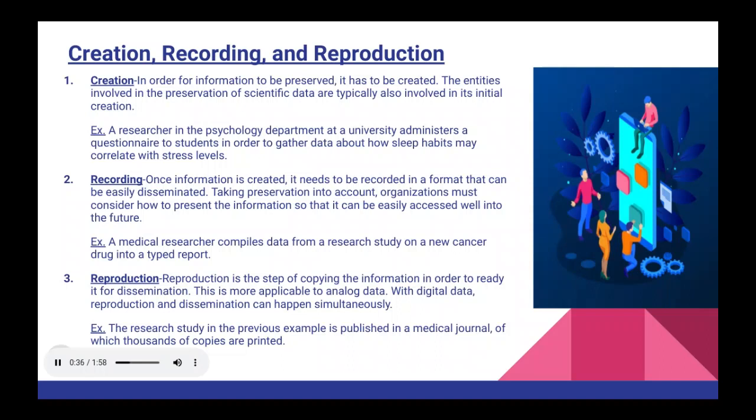Recording. Recording involves putting information that is created into a format that will allow for eventual dissemination. Organizations hoping to preserve scientific research data need to take some things into consideration during the recording stage, such as recording the information in a format that is secure, sustainable, and that will allow the information to be accessed in the future.